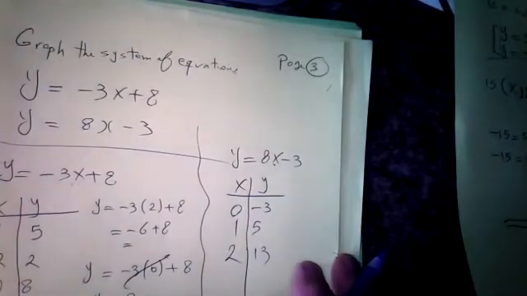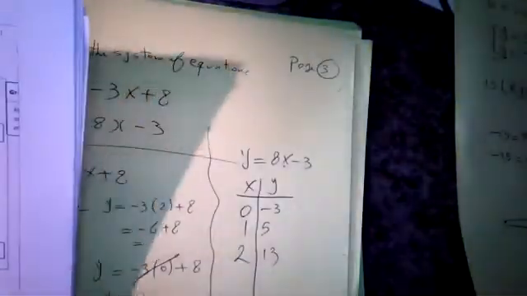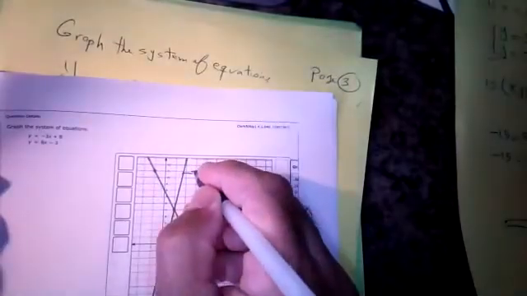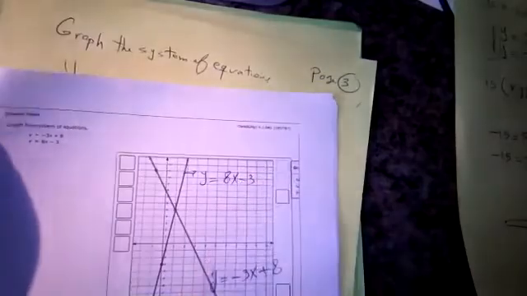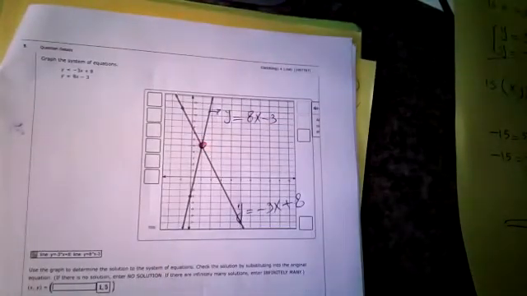Now, the graphs of these two equations are here, look. The second one was y equals 8x minus 3. So when you graph these two, you could easily find the point of intersection.